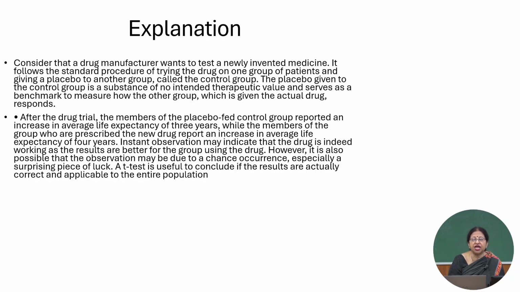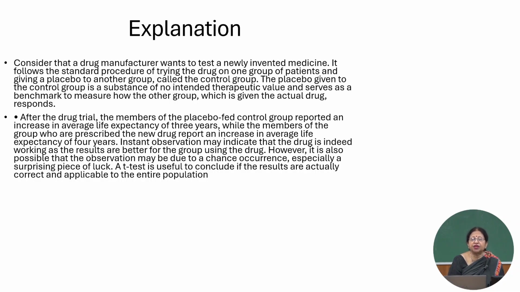After the drug's trial, the members of the placebo-fed control group reported an increase in average life expectancy of 3 years, while the members of the group who were prescribed the new drug reported an increase in average life expectancy of 4 years. So there's an increase of 1 year.